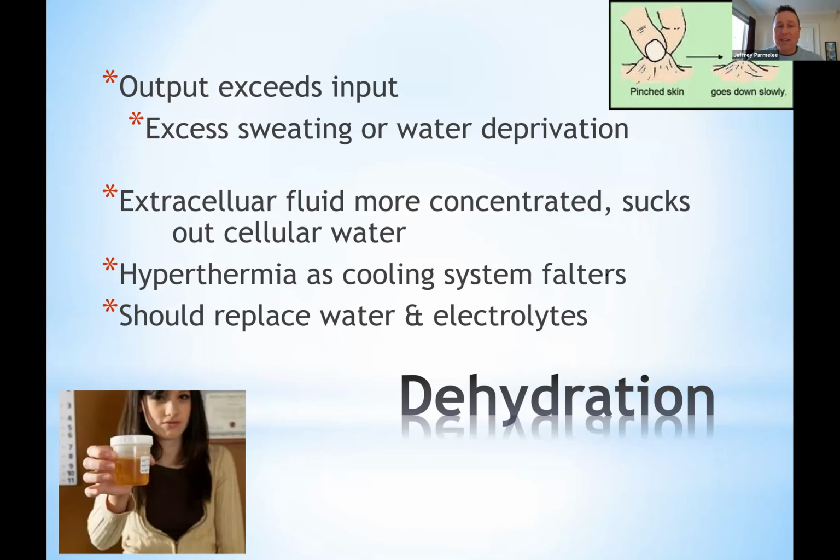Either you could be sweating profusely, or you could just have lack of access to water. Whatever it is, you're going to shift this balance towards less water in your body. You're going to lose weight actually and dry up. In fact, in a lot of diets, you lose weight early on because of the lack of water, because stored glycogen holds a lot of water.